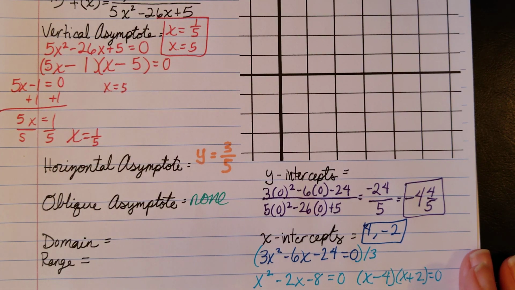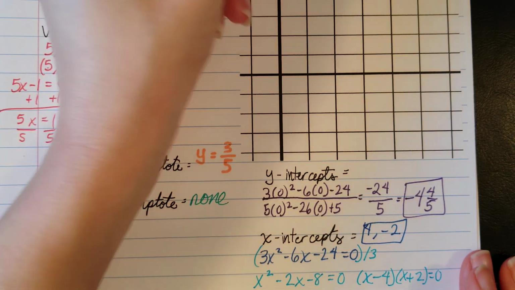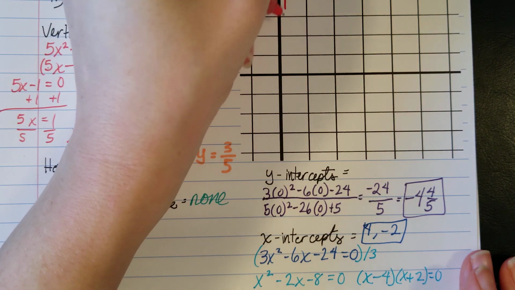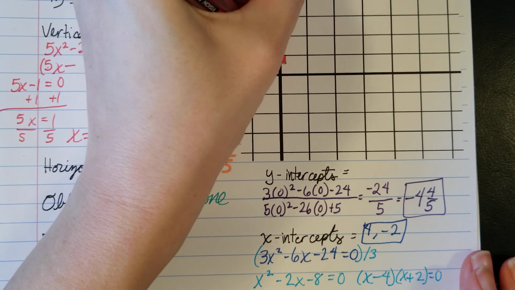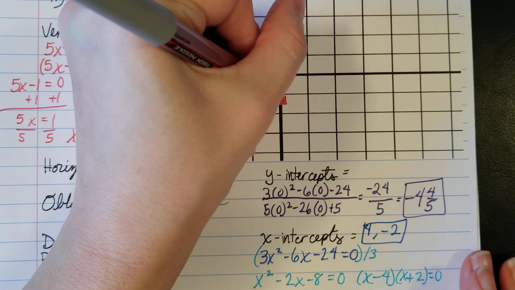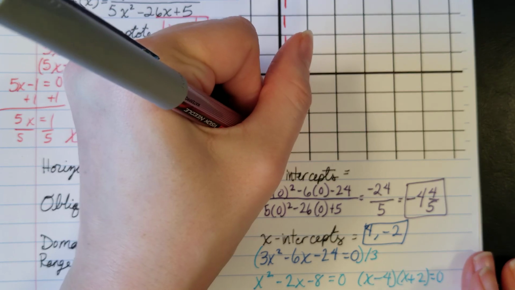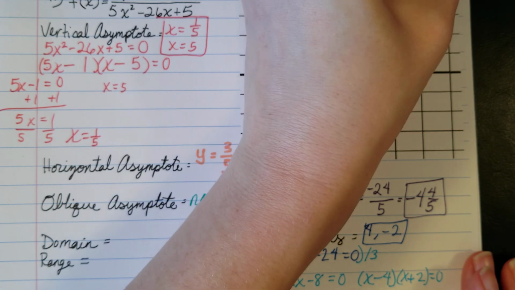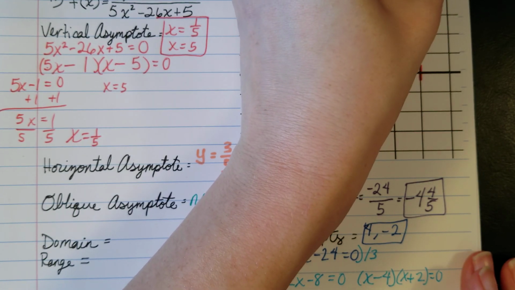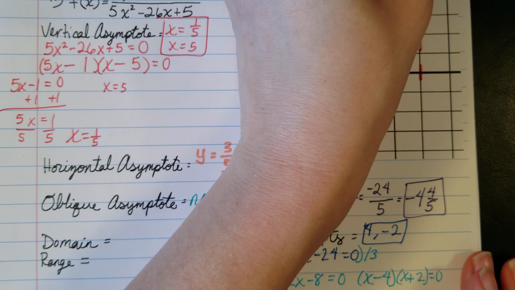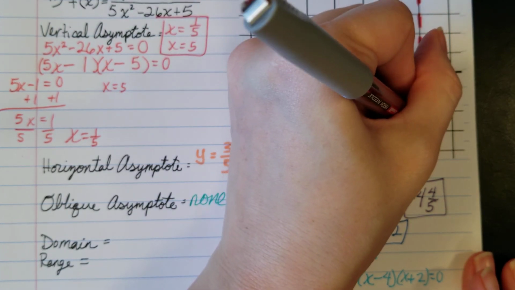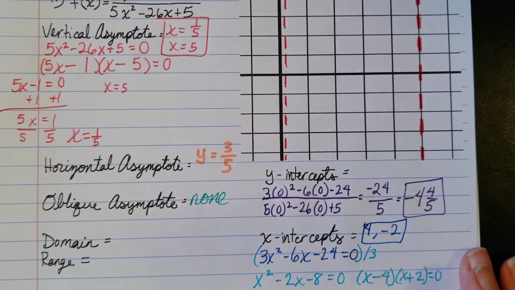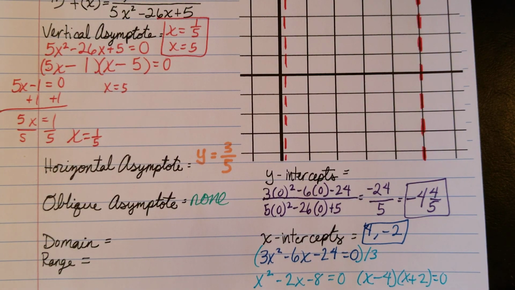Okay, well, let's put all this info on the graph. So we've got two vertical asymptotes. We have it at 1/5 and 5. Okay, then we have our horizontal asymptote at 3/5.